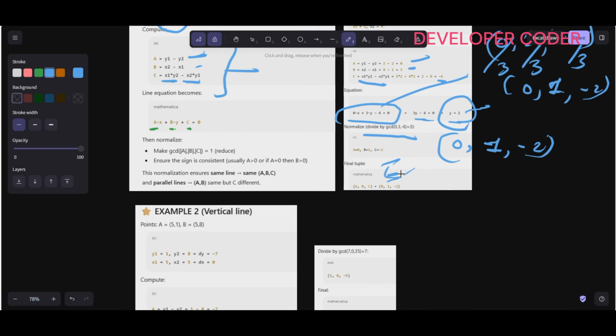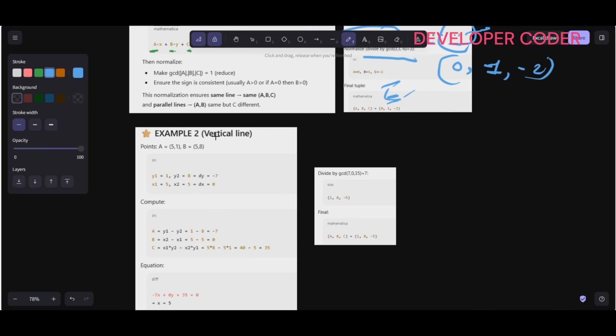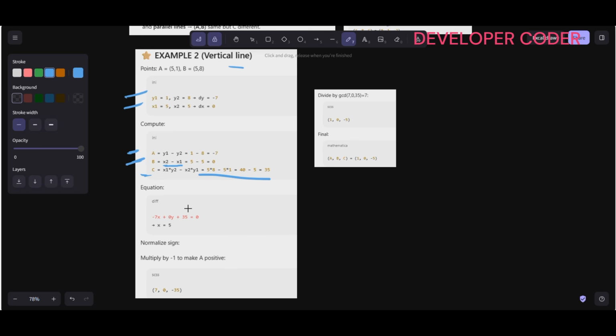This part, okay, clear. Now in the same way, vertical line, again just go over these examples. Here I'm calculating the a value, b value, and c value. Then if I get something like this, see, somehow I'm making x positive here. So minus 7x is equal to minus 35, I'm just going to cancel out, and I will get x is equal to 5.